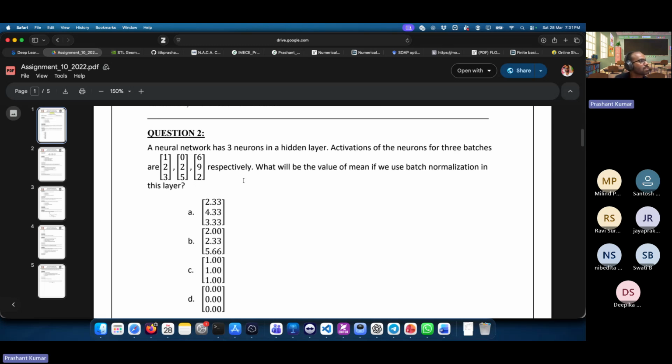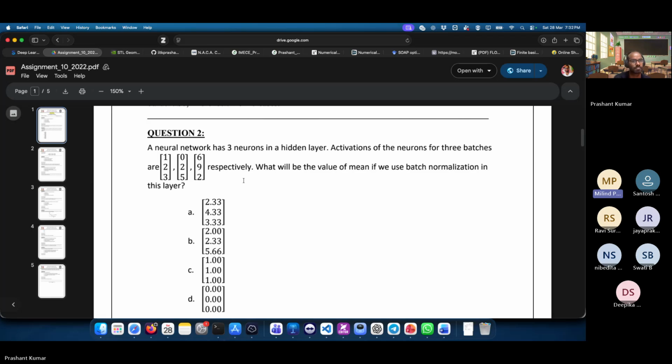The neural network has three neurons in the middle layer. Activations of neurons of three batches are given respectively. What will be the value of the mean if you use batch normalization in this layer? Mean of batch: 7 by 3, 4.33.